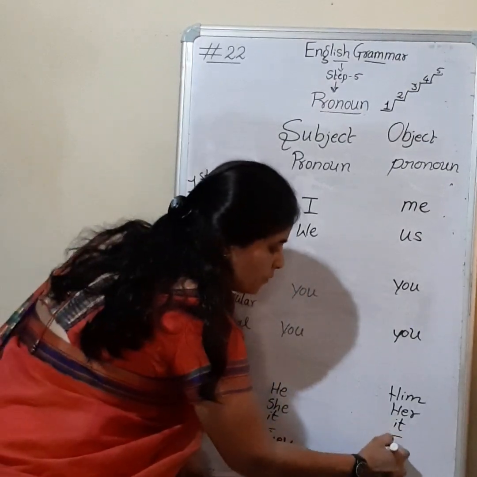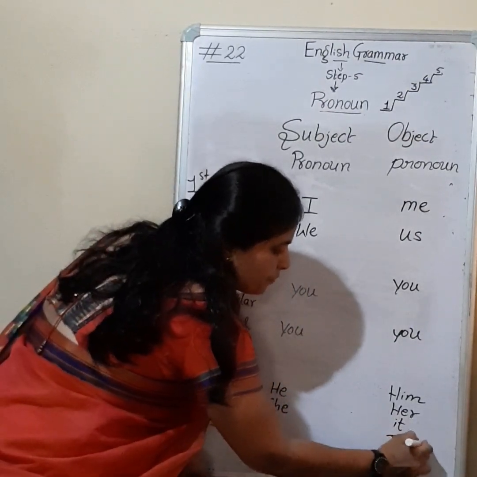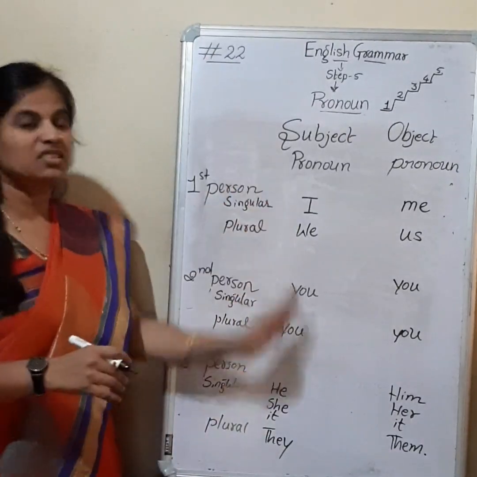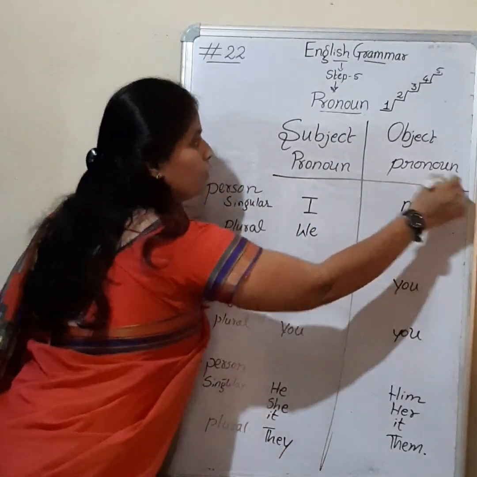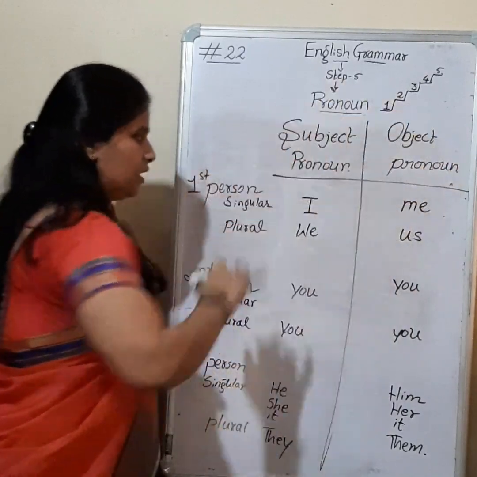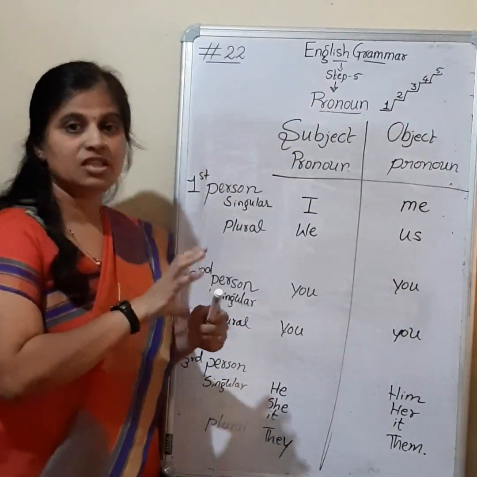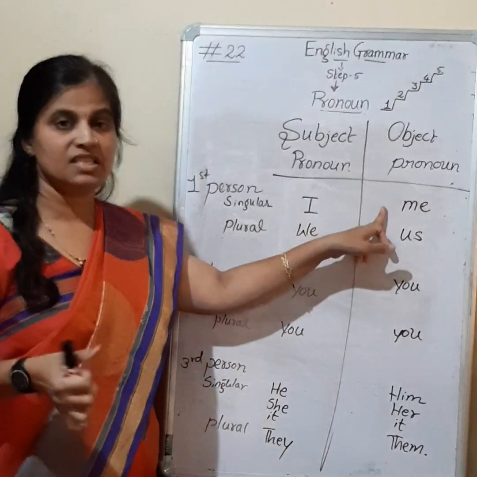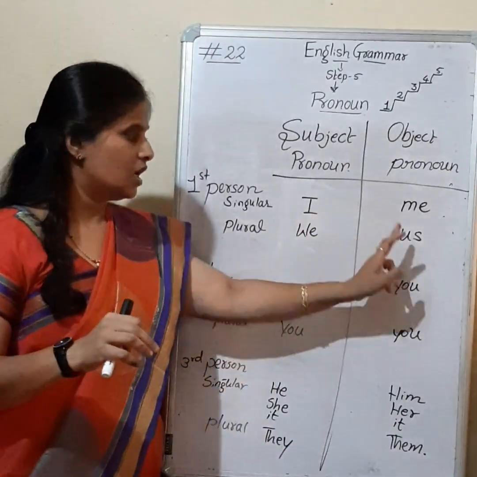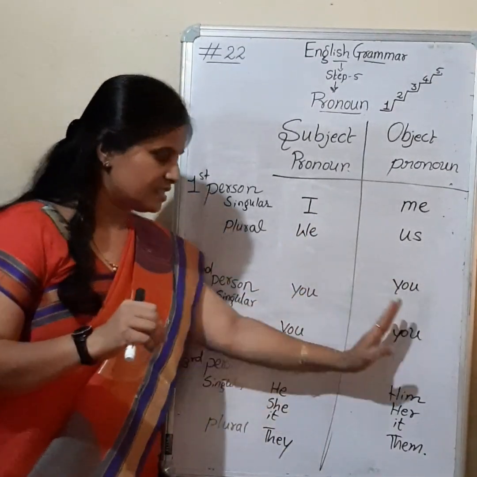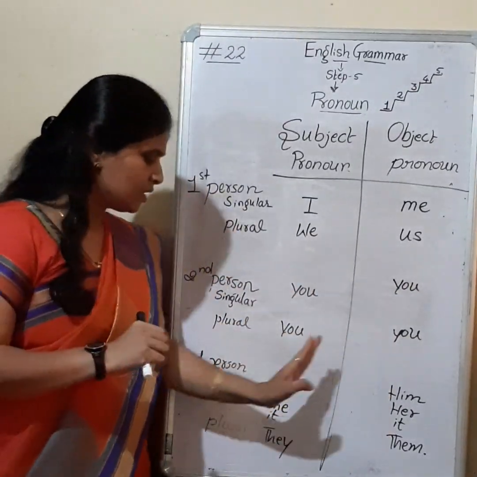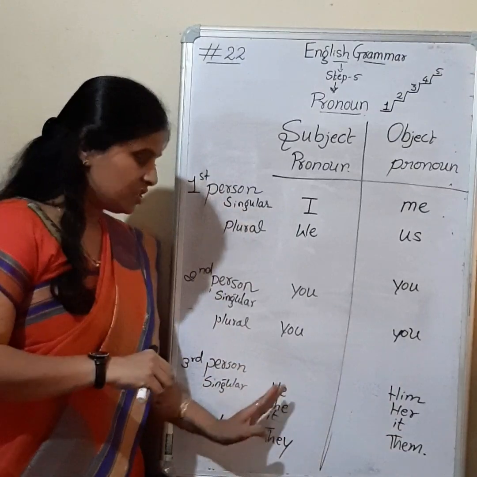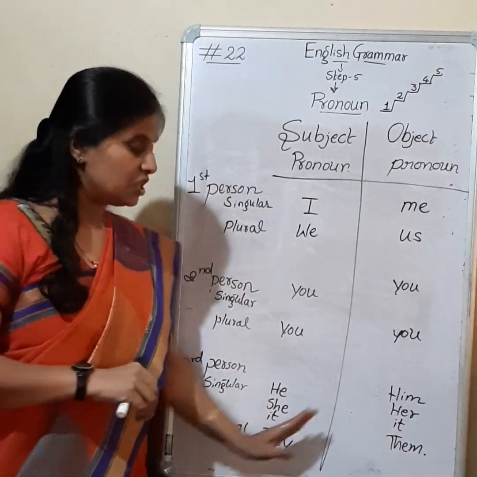They changes to them. So remember this chart of subject pronoun and object pronoun. I just changes to me when it is written as an object. We, us. You remains the same whether it is singular or plural. But he changes to him, she changes to her, it remains the same, and they changes to them.